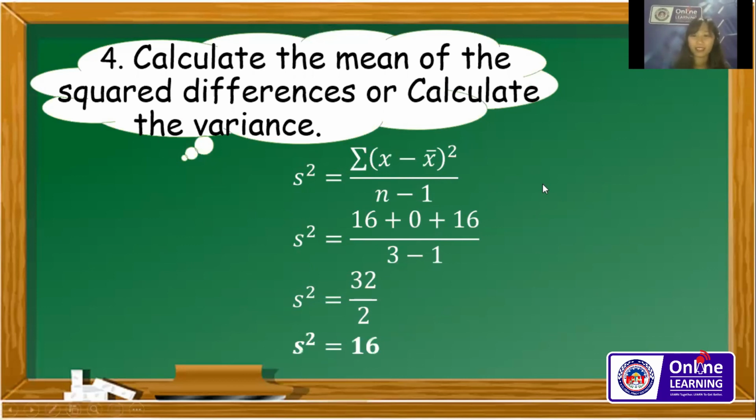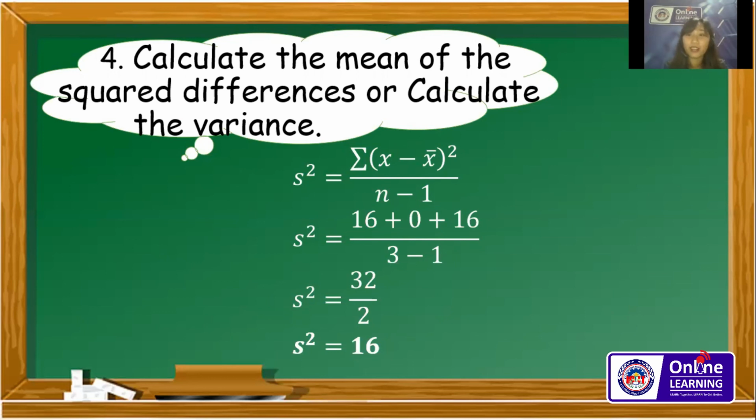How about the standard deviation? As I said a few minutes ago, we have to take the square root of the variance to get the standard deviation. Kaya nga, the variance and the standard deviation are very connected to each other. Why?